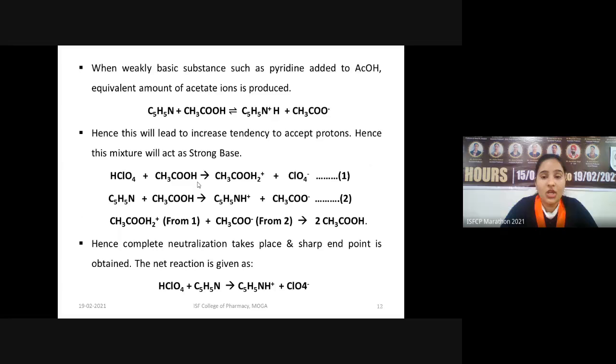So these are the two reactions which take place. In the first reaction the onium ion has been formed, which acts as a very strong acid, and the acetate ion has been formed which acts as a very strong base. These two ions combine to form acetic acid. This complete neutralization takes place and the endpoint is very sharp.